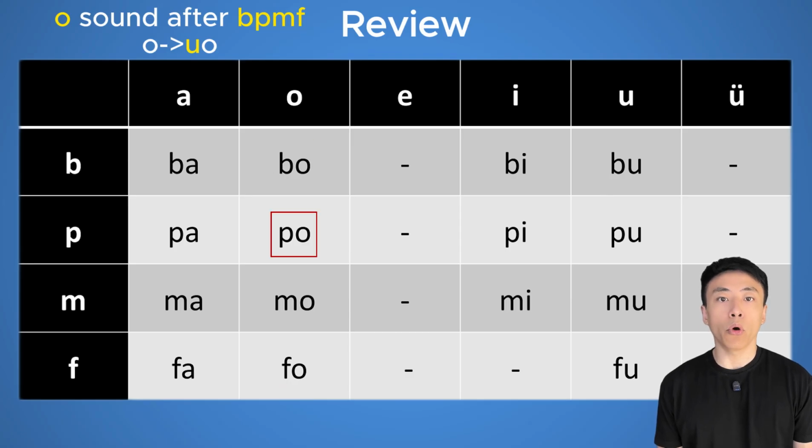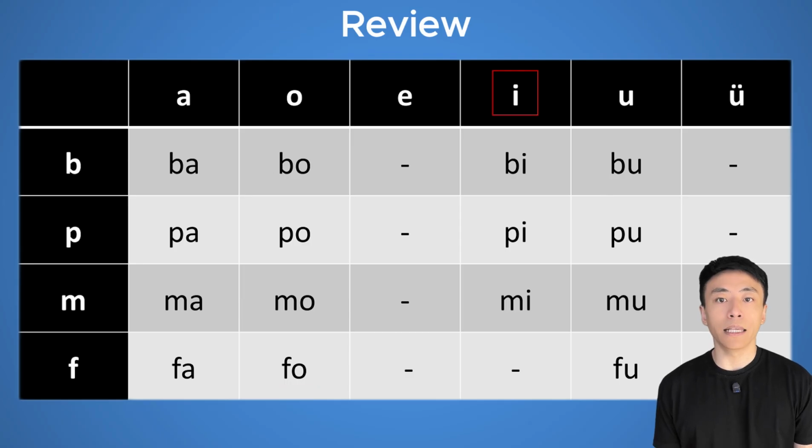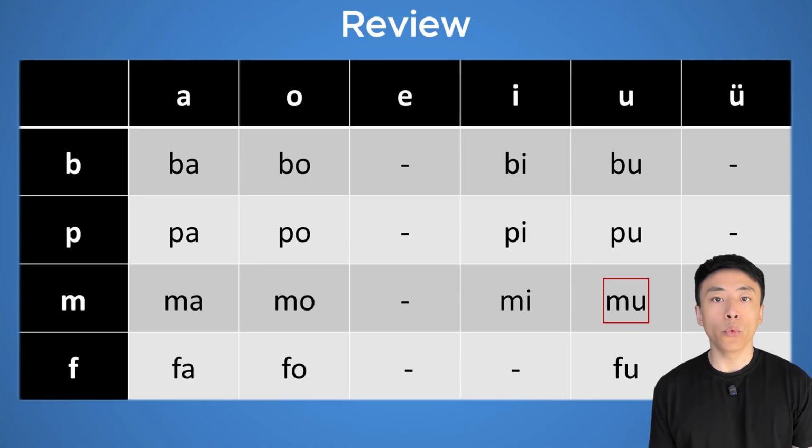Bo, po, mo, fo. I, we have bi, pi, mi. Repeat. Bi, pi, mi. U, we have bu, pu, mu, fu. Repeat. Bu, pu, mu, fu.